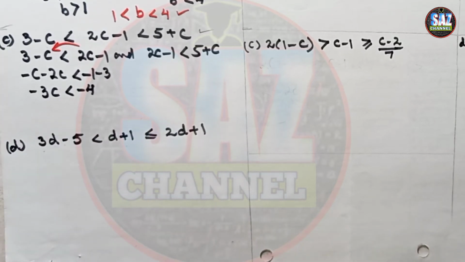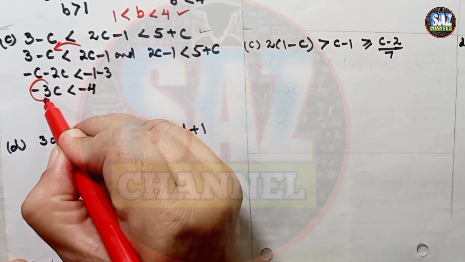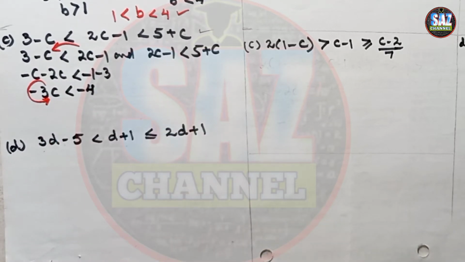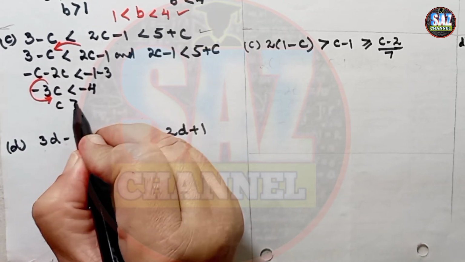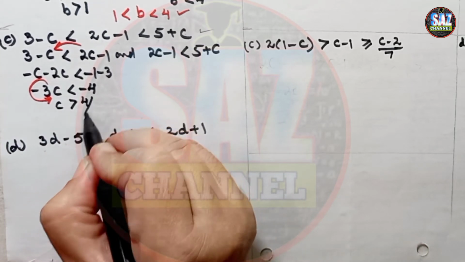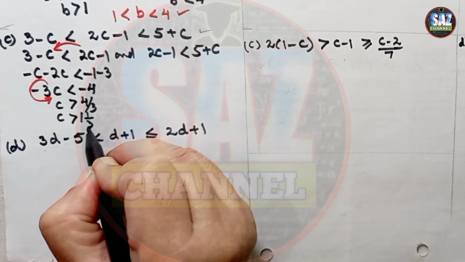Now I have to shift this minus 3 to the other side, so I have to reverse the direction of the inequality: c is greater than 4 by 3, or c is greater than 1 whole 1 by 3.